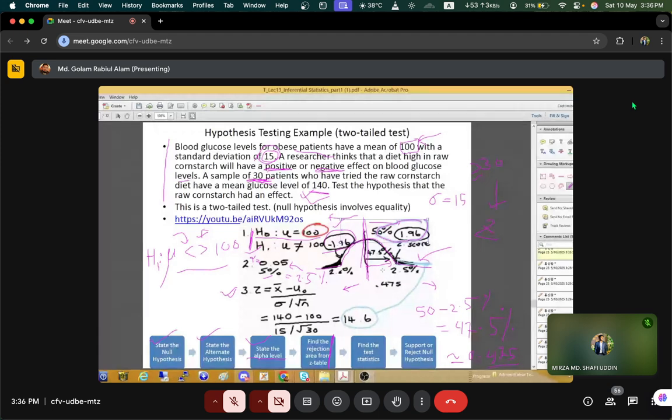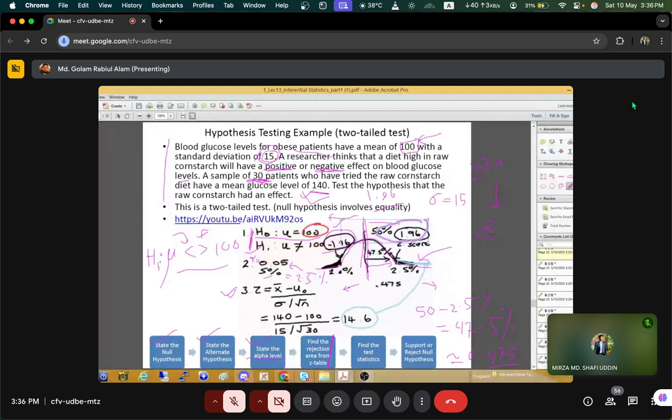So we already got the Z score. It is within 1.96 standard deviation, positive and negative. We get the acceptance zone, and beyond that, the rejection zone.